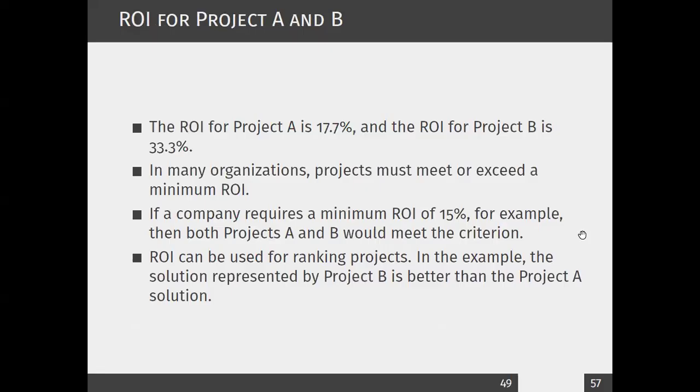Having said that, I'm reminding you again, usually organizations state a minimum ROI. Assuming it's 15%, both projects meet the minimum requirement, so we can select either of these. But since we are getting more return on investment, project B is better than project A.